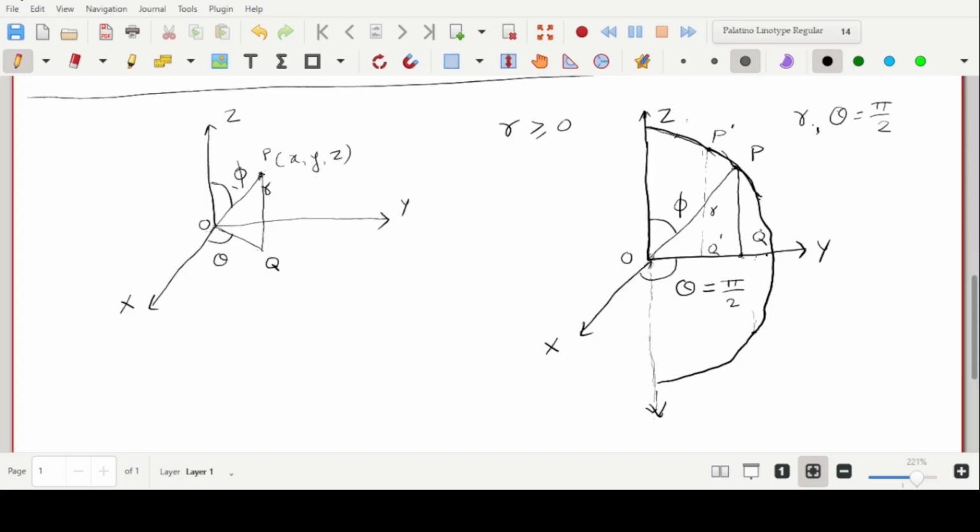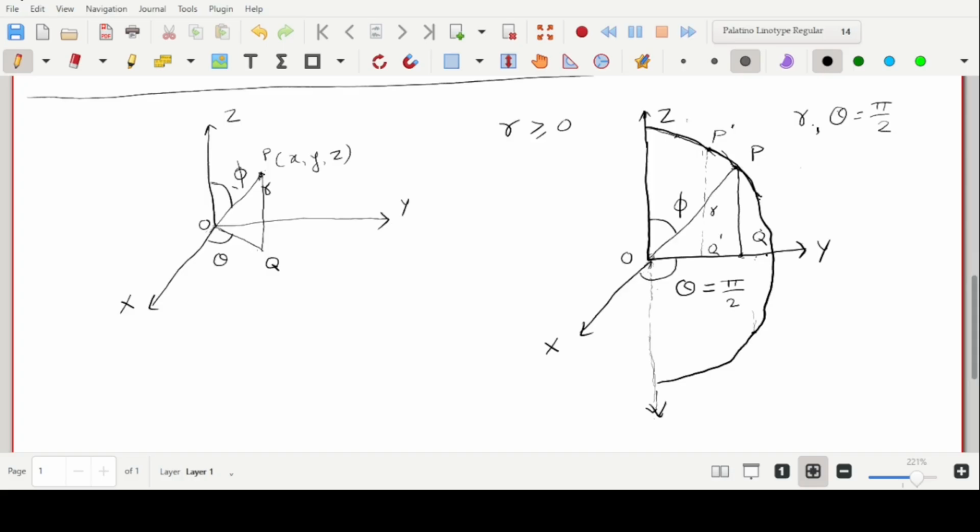We have defined phi as the angle that this arm makes with the positive x-axis, and here we are changing this phi from 0 to pi when we are tracing this semicircle from this to this.